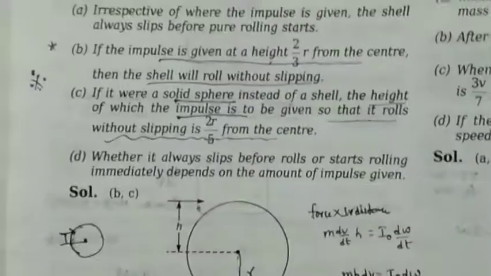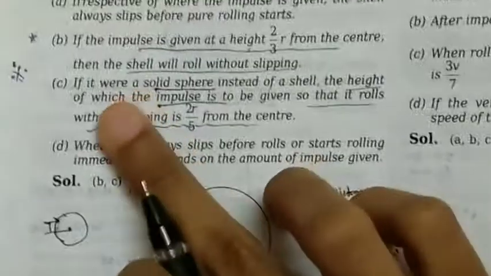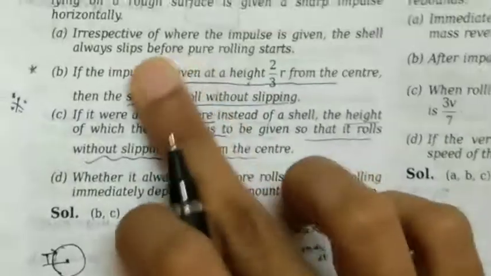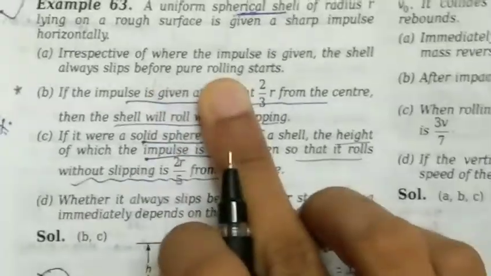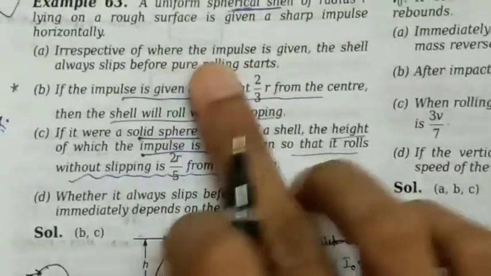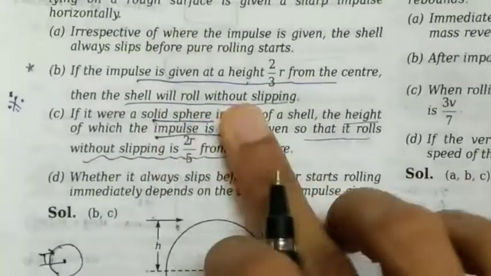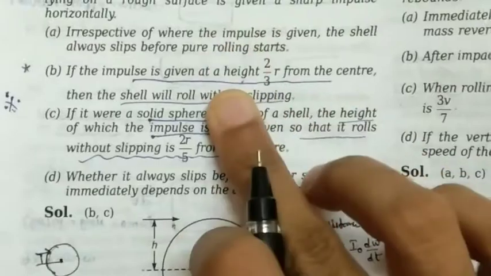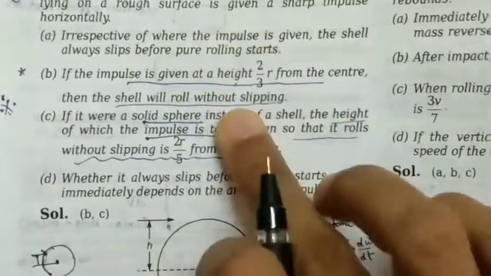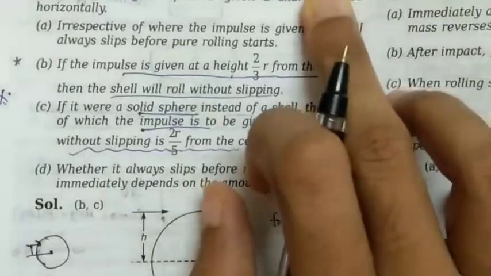But here the second option, B, says the shell will roll without slipping. So these are exactly opposite. If this is true, then this one comes out to be false.